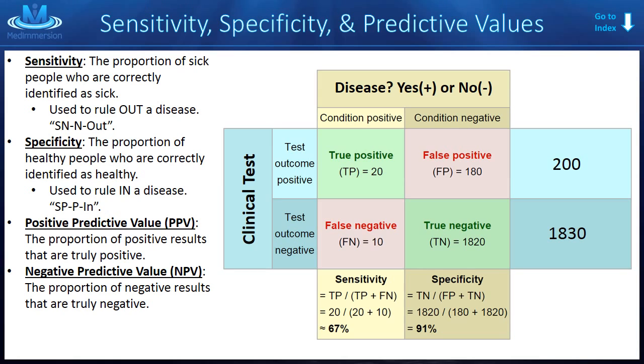A sensitive car alarm captures all of the thief noise, whereas a specific car alarm catches only the thief noise. So the difference is all versus only. So a very sensitive test with a negative result means that you can rule out the disease. A very specific test with a positive result means that you can rule in the disease. Okay?